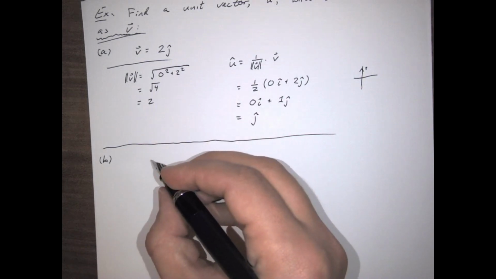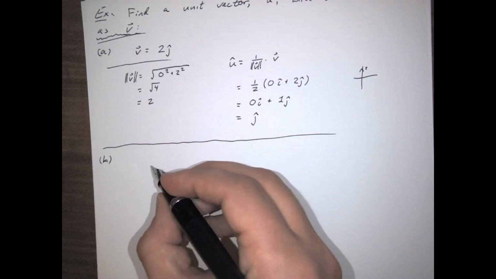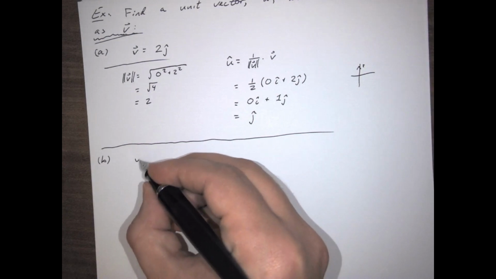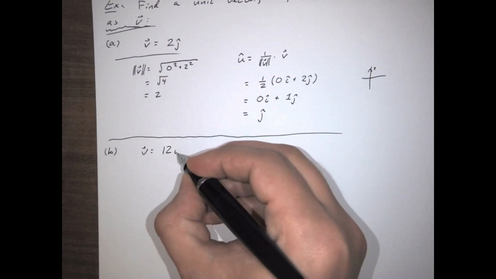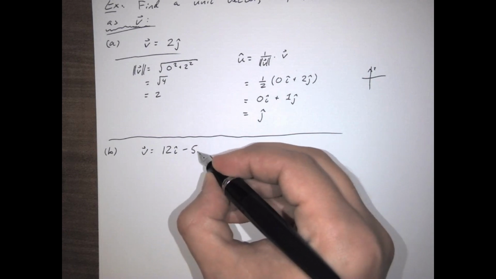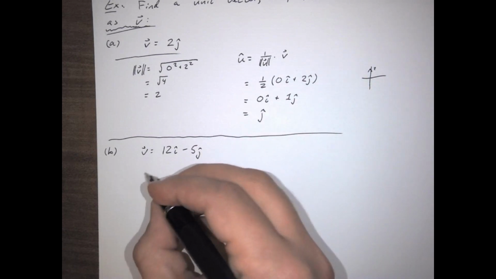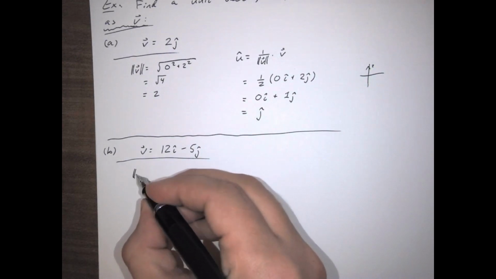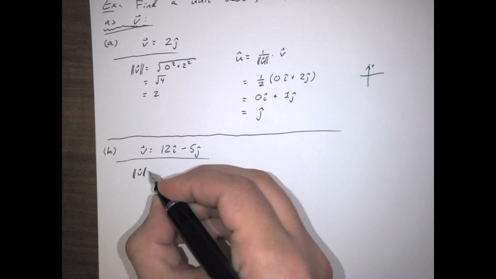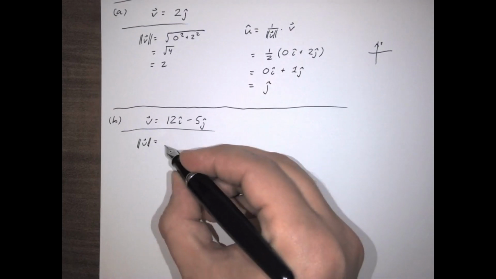But then sometimes it's not quite so straightforward. What if it is something like this? v equals, let's say, 12i minus 5j. Well, the magnitude of this, we recognize these numbers, 12 and 5. They are part of a famous Pythagorean triple.